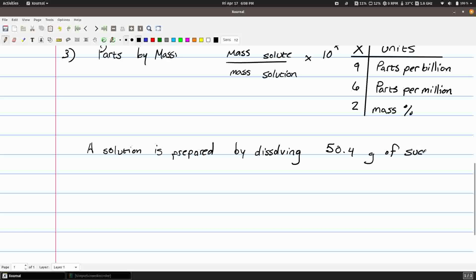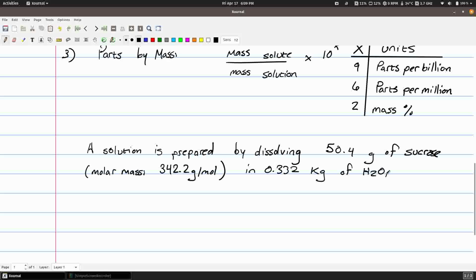Sucrose is table sugar. So the molar mass is 342.2 grams per mole. And then you're dissolving this sucrose in 0.332 kilograms of water. So H2O.